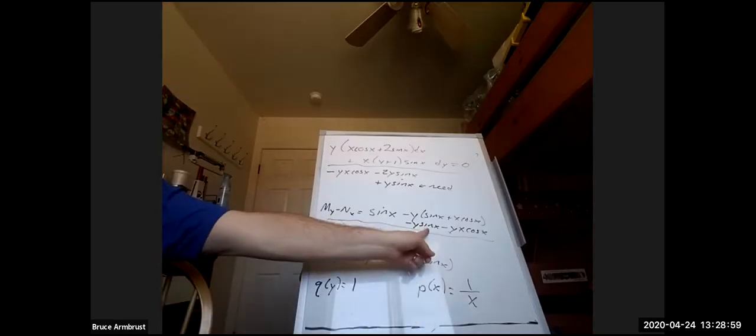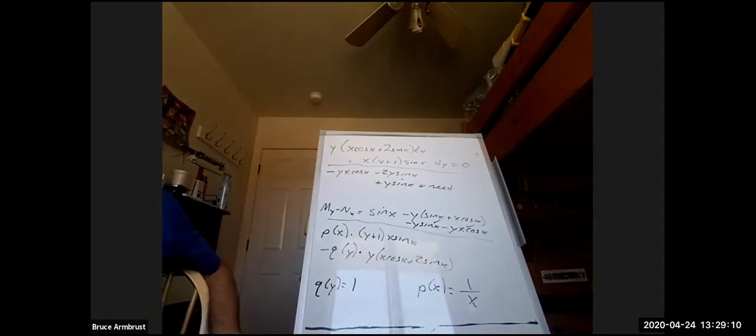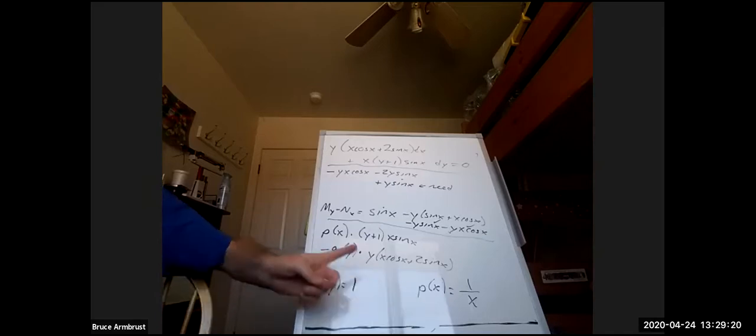Okay, so we know that has to be in p of x to take care of the y sine of x. Okay, so think about it. We checked off those two, which leaves us just sine of x. The q of y may or may not give us those, but we know for sure this p of x is going to.